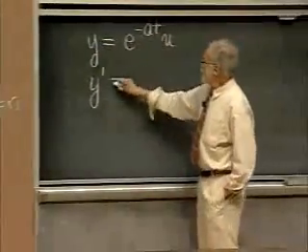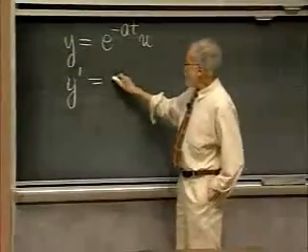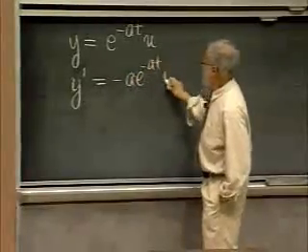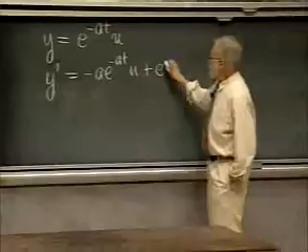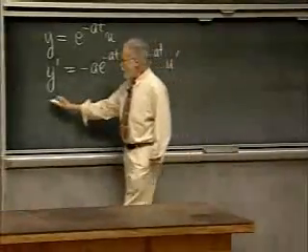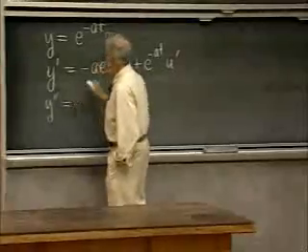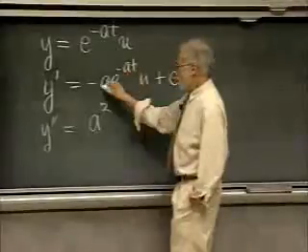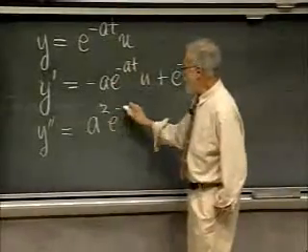y prime equals, differentiate, minus a e to the minus at u plus e to the minus at u prime. And then differentiate again. The answer will be a squared, you differentiate this, a squared e to the negative at u.